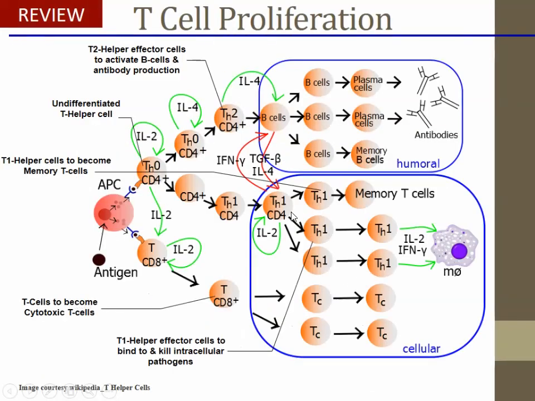All right, so this is another cascade which we don't have to know, but it's just showing you how T cells will proliferate, right, into more helper cells, which will then activate more B cells, and then some of the T cells will go on to proliferate more T cells.